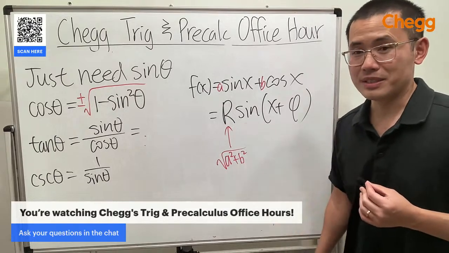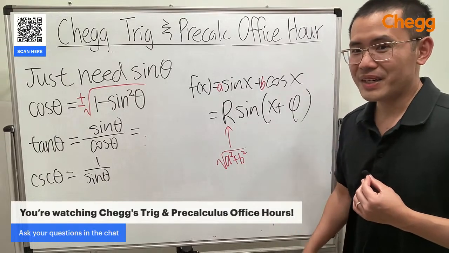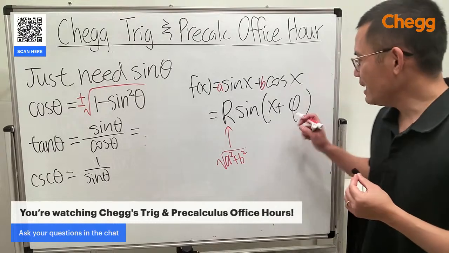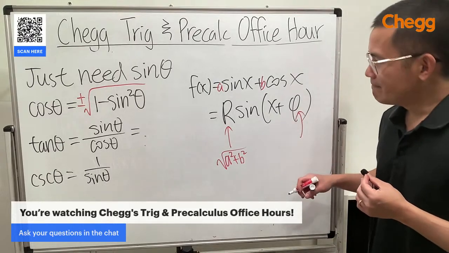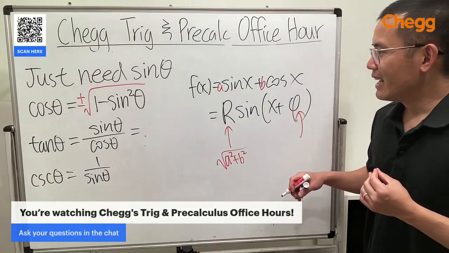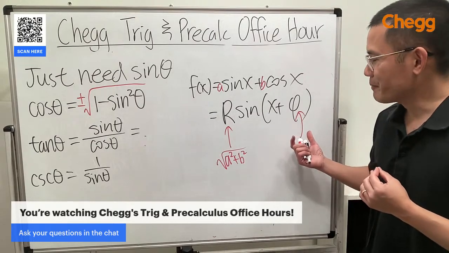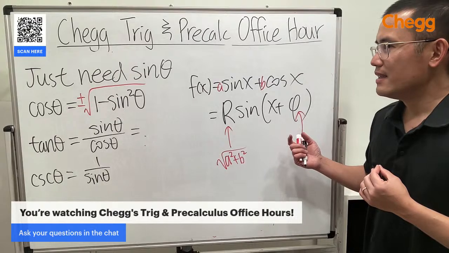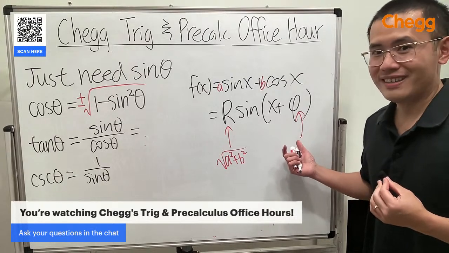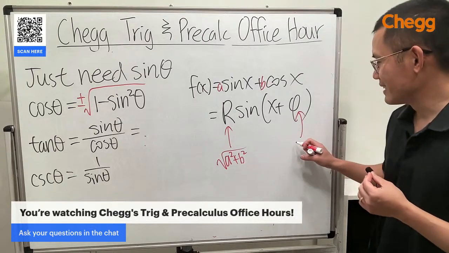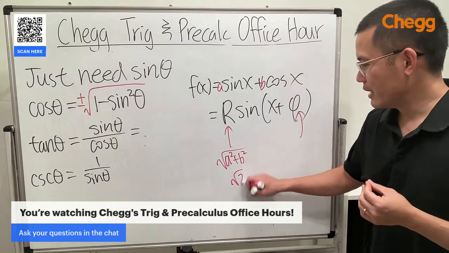So in this case, it will be square root of 2. All right, and the angle, if you look up the formula, I think it's pi over 4 for that. So it's square root of 2 and pi over 4.